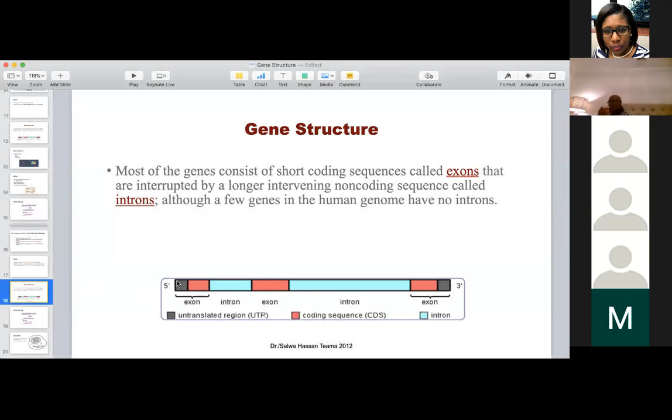All right, so this is just another illustration of the structure of the gene. You should be familiar with this structure of the gene. Again, we have these red regions that are exons. The exons are the most important components when we're talking about protein synthesis, because they contain the sequences of nucleotides that will be translated into amino acids.